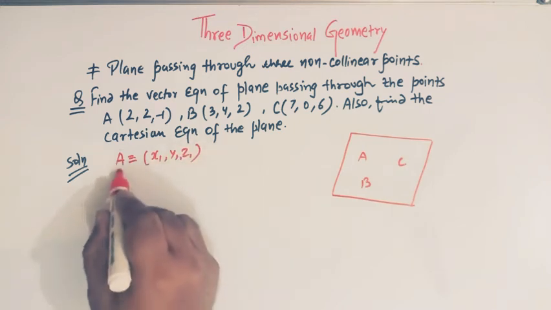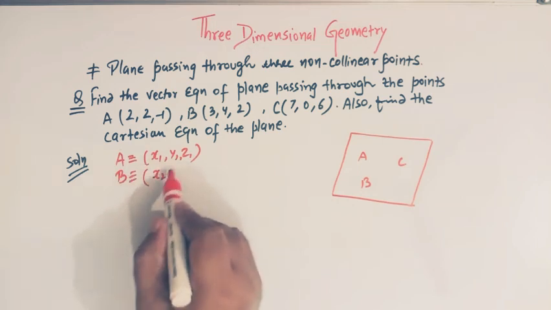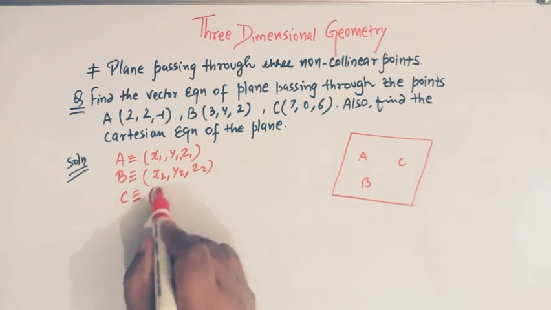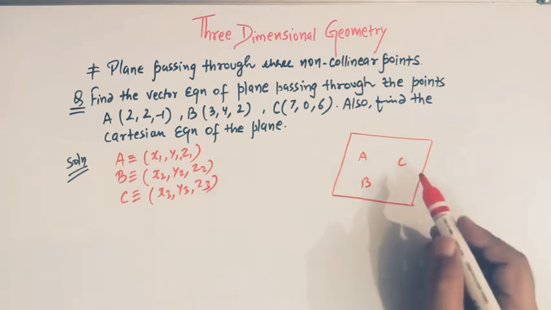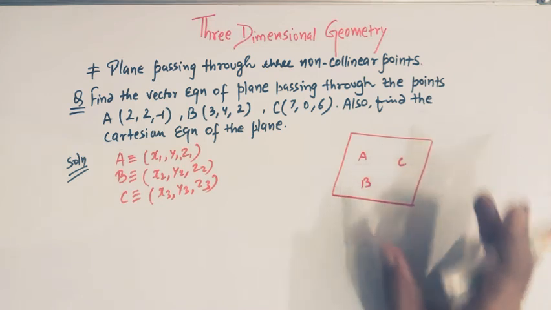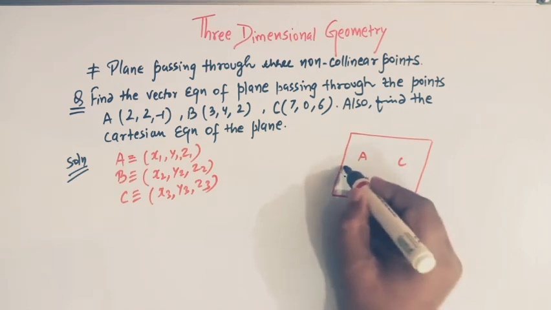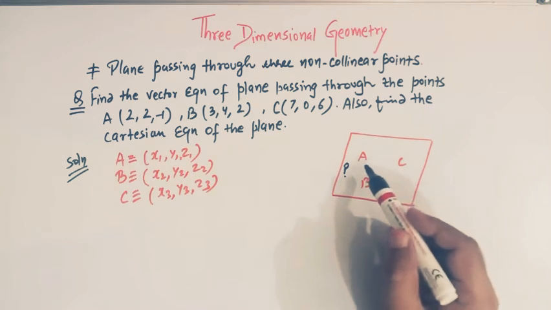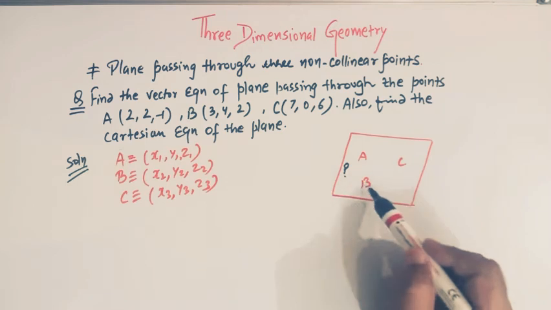Similarly, the coordinates of the point B are x2, y2, z2, and the coordinates of the point C are x3, y3, z3. Now we want to find the equation of this plane. Let us take a general point, say P, on this plane. Now let us write the position vectors of these 4 points.